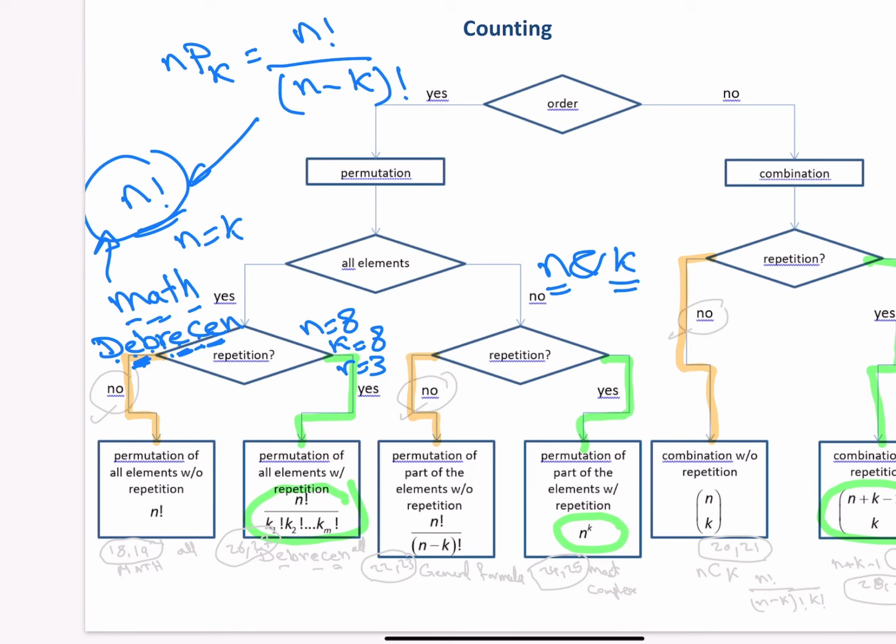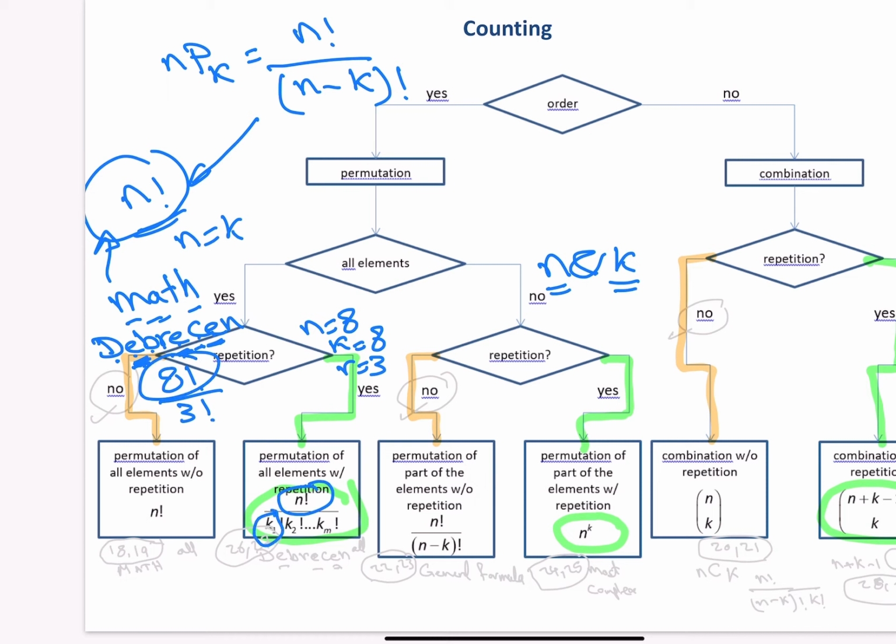If I have a similar case like Debrecen, it will be 8 factorial divided by 3 factorial. And if I have more repetition like Mississippi, it will be multiplied by 2 factorial, 1 factorial, 4 factorial, whatever, depending on the number of repetitions. So here we'll have n factorial divided by the repetition.